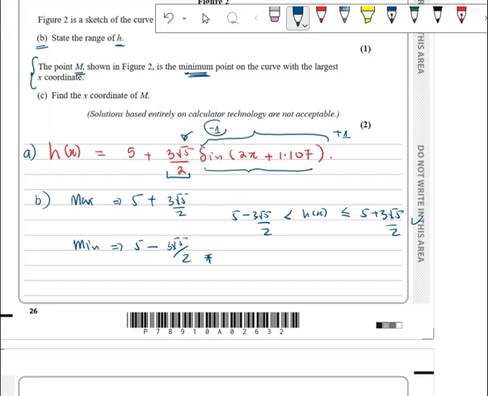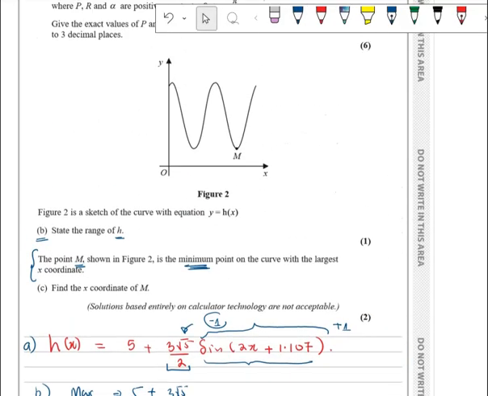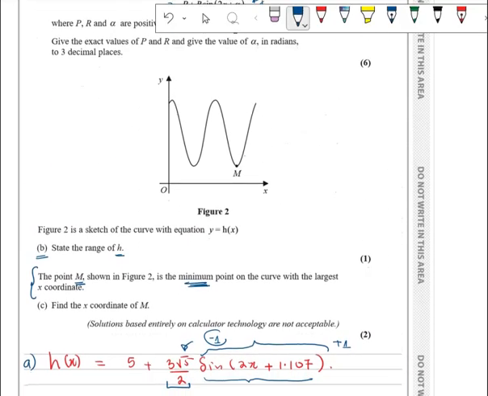That means for part C, our point M will happen where the sine of 2x plus 1.107 is equal to -1. That's the condition that will happen at M. But you have to see that there are two values of M, the first M over here and then the second one. So you have to be very careful with that.